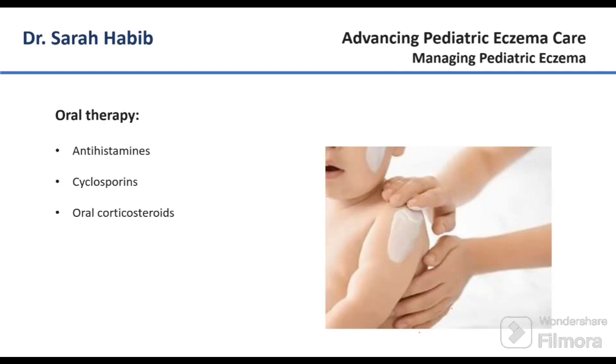Cyclosporins are reserved for adult cases, very effective. And oral corticosteroids, again, a very, very magical drug for the case, but it is also reserved for severe cases, because we can prescribe oral corticosteroids on the first visit of the patient as well, and he'll be fine in 5 days.